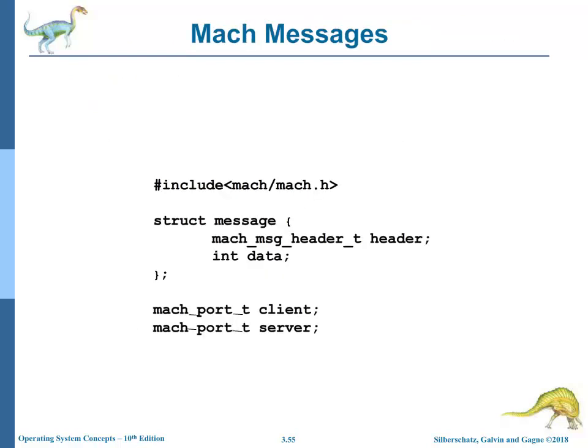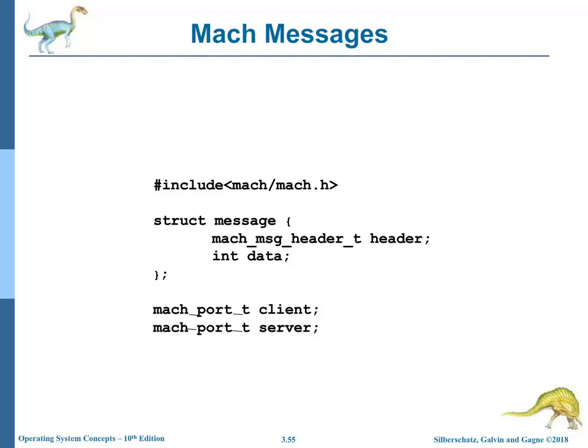Let's take a look at a program showing the client task constructing a header and sending a message to the server, as well as the server task receiving the message sent from the client. At the beginning, the program includes mach.h, the library file.